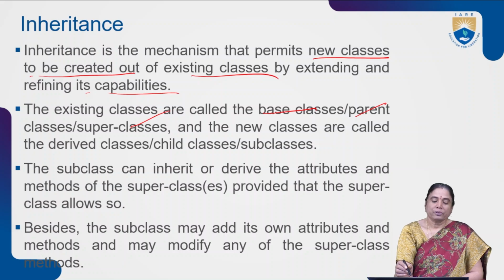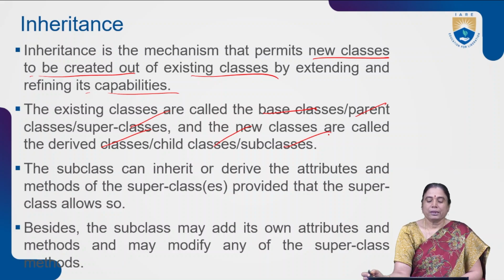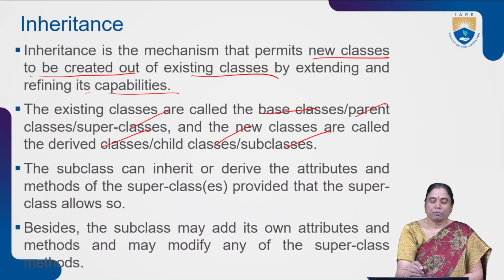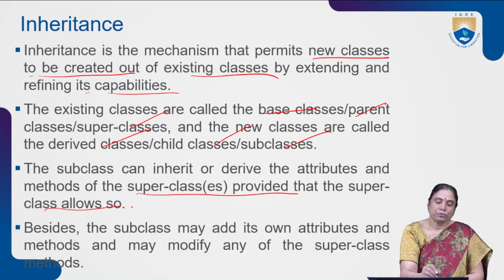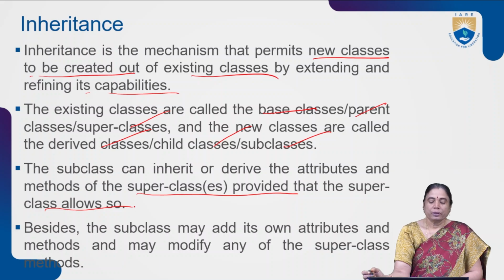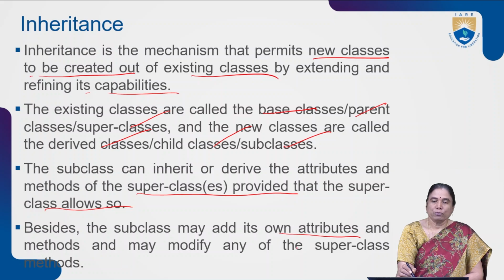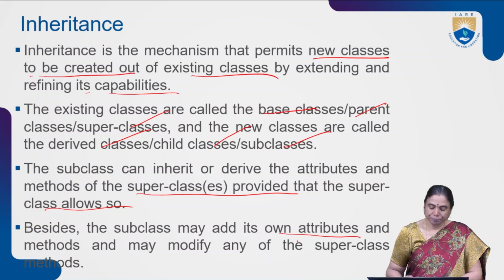And the new classes are called derived class, child class or subclass. The subclass can inherit or derive the attributes and methods of superclasses, provided that the superclass allows so. Besides, the subclass may add its own attributes and methods and may modify any of the superclass methods.